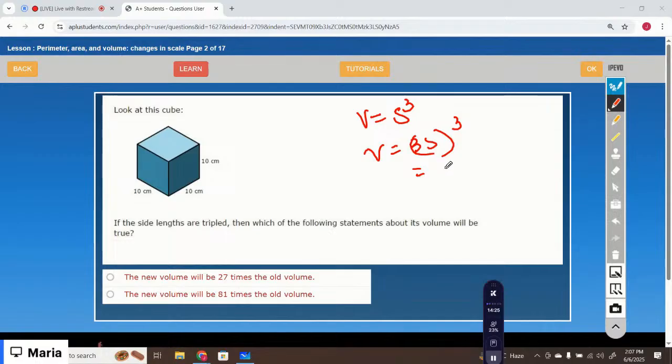That is 3 times 3 times 3 times 3, that is 9, 9 times 3 is 81 S cubed. So the new volume is 81 S cubed. The original is S cubed. S cubed cancels out, and you're left with 81. That means the new volume will be 81 times the old volume.